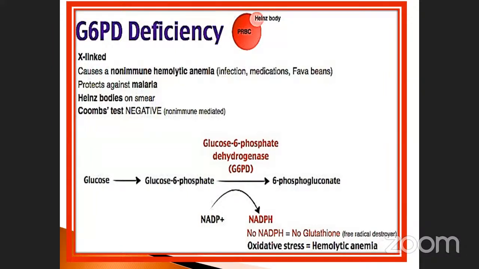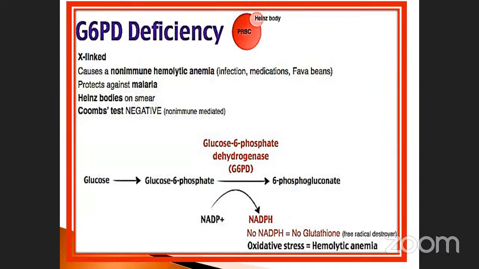It's also one of the beans you already know about. I will just go to Google, we'll get the idea. These beans sometimes lead to hemolytic anemia. It also protects against malaria. Heinz bodies on smear, Coombs test negative, non-immune. These are all the identifications of glucose 6 phosphate deficiency.